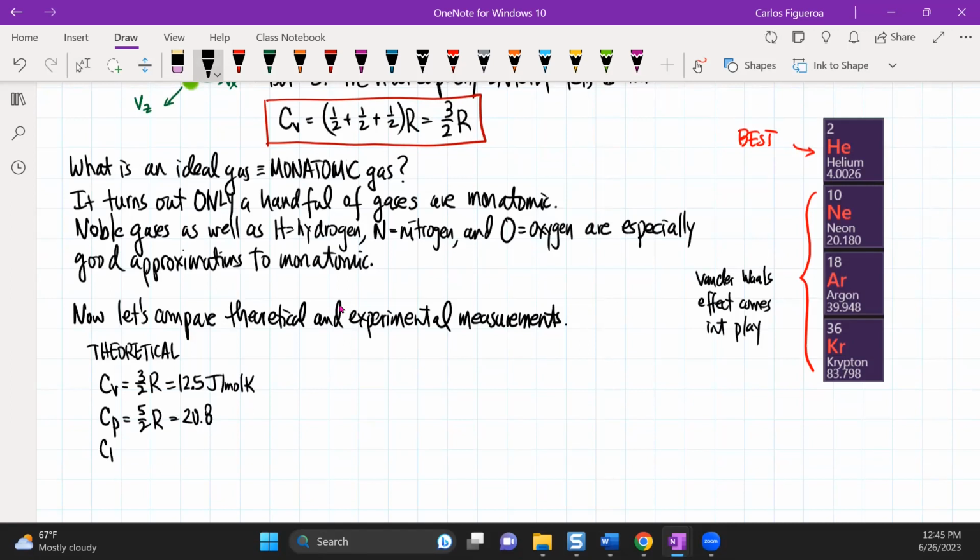Then, of course, there's the difference between these. So by definition, this is the gas constant. And then there's this adiabatic constant, gamma, which is CP over CV, which is 5/3 or numerically 1.67. So these guys are the theoretical predictions right here.